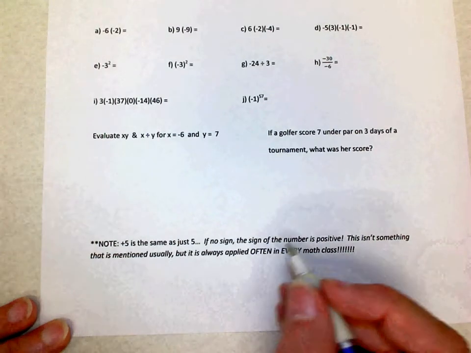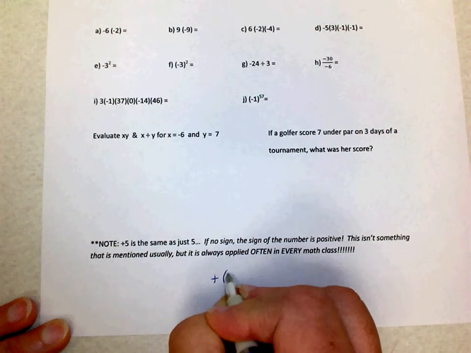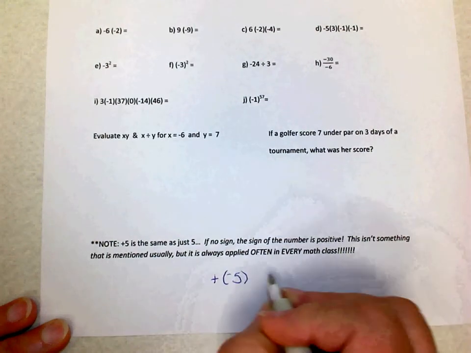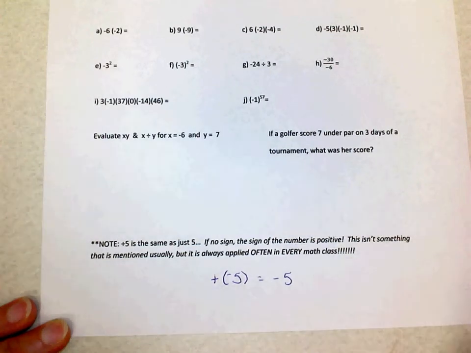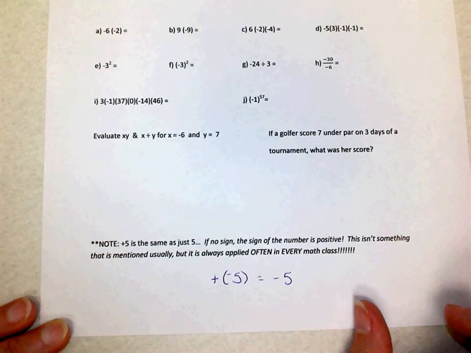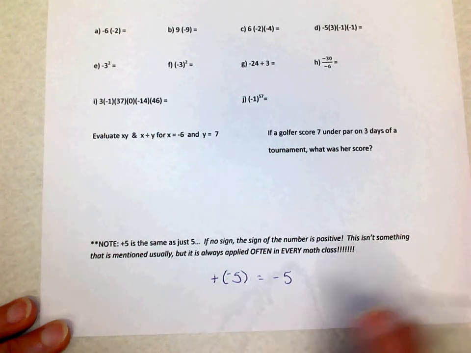I also want to say that plus a negative 5 technically is the same thing as just saying minus 5. That's also something that doesn't always get mentioned, and I've kind of introduced it to you, but I haven't really specifically outright said it. But I think you need to know this.